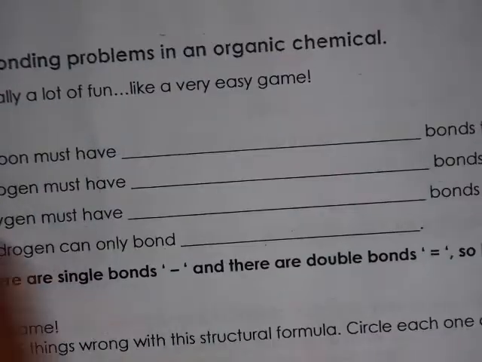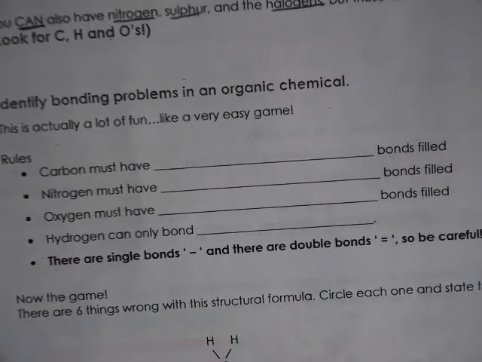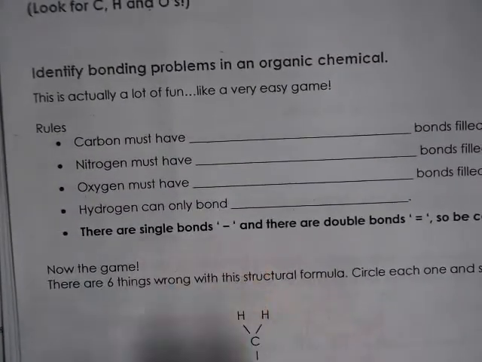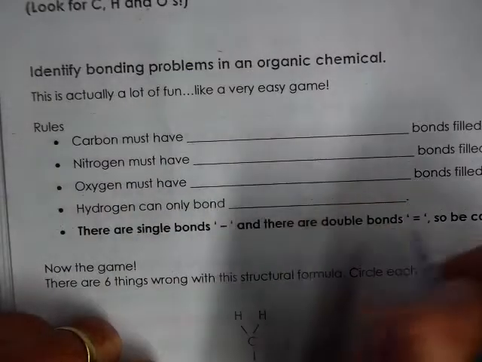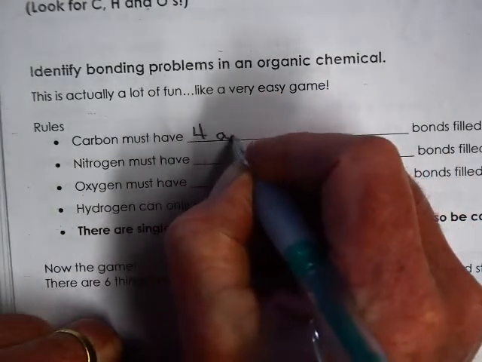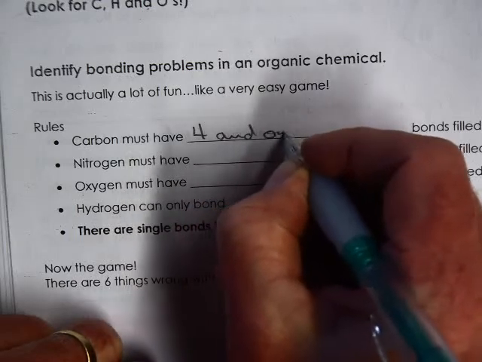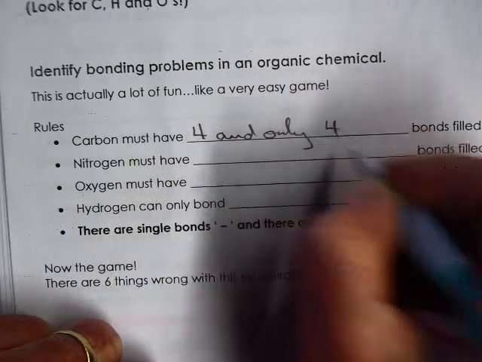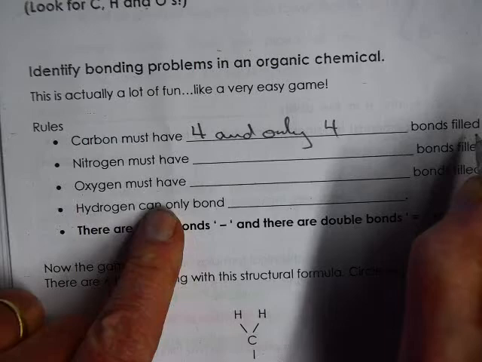No, I don't want you to go there yet. I want you to look at this. Here are the rules for organic chemistry. Carbon must have 4 and only 4 bonds filled.